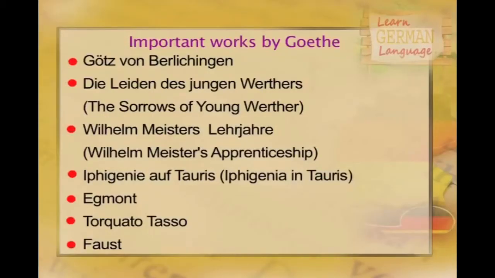The most important of Goethe's works were produced before he went to Weimar, which is the Götz von Berlichingen, a tragedy that was the first to bring him recognition, and the novel The Sorrows of Young Werther, which in German is called Die Leiden des jungen Werthers, which was published in 1774 and gained him enormous fame as a writer in the period of Sturm und Drang, an important period in German literature history.